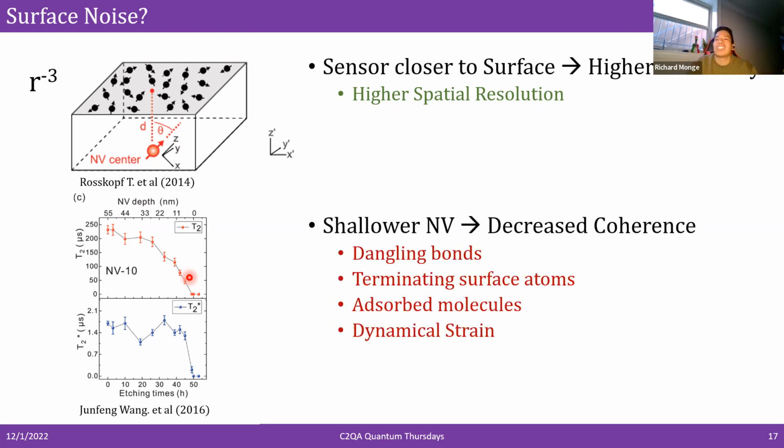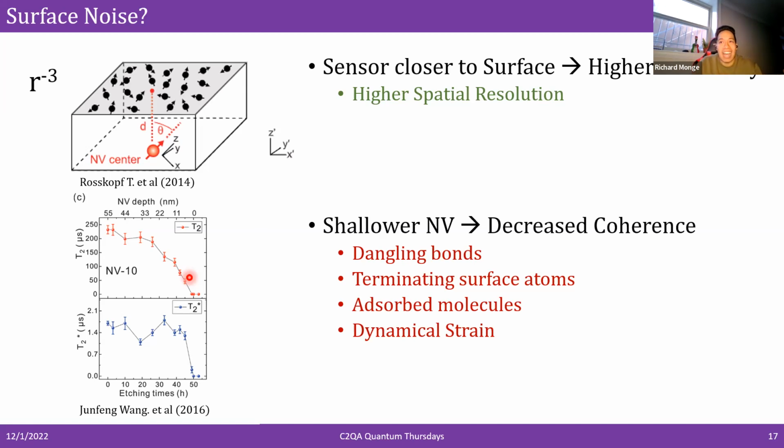Dangling bonds, terminating surface atoms, maybe such as oxygen or hydrogen, or absorbed molecules, or maybe strain at the surface, or dynamic strain, are possible origins of the noise that have been suggested in the past.